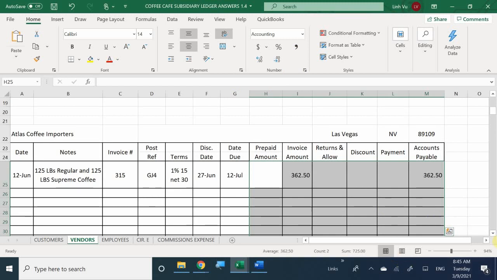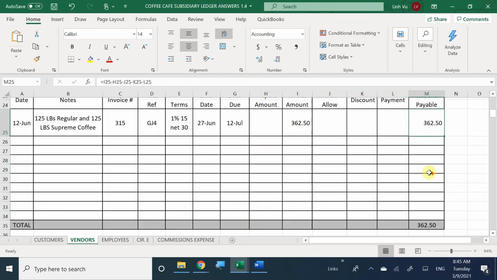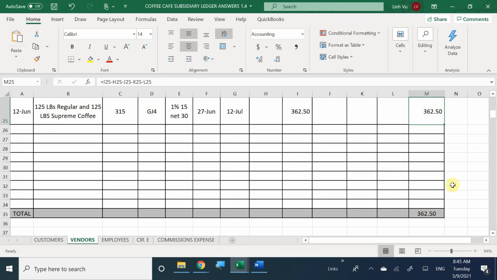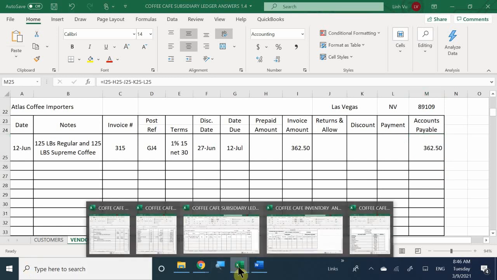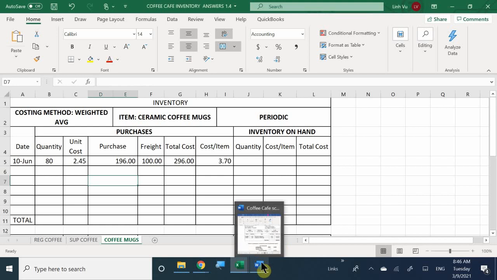Okay, so here it says that for bill 315, and also down below, that's what I owe in grand total. All right, now we can go ahead and have fun and place it in the inventory worksheet.